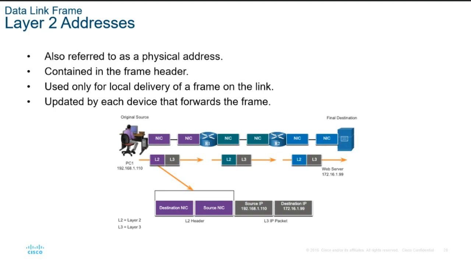So at each point along the way, the IP packet is encapsulated in a new data link frame. Each data link frame contains the source data link address of the NIC sending the frame, and also the destination data link address of the NIC receiving the frame. So yung may layer 2, layer 3, host to router, router to router, then router to the host. Na-encapsulate yung data link frame.